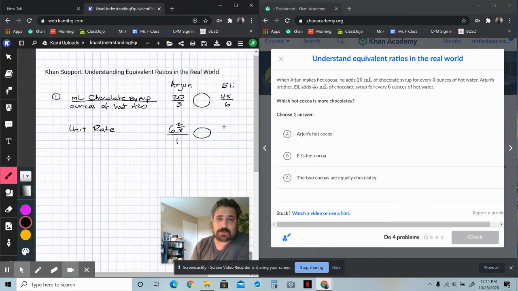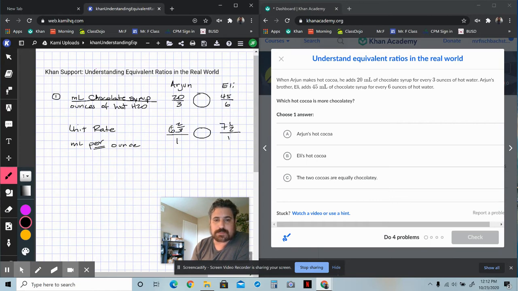6 times 7 is 42. And then there's 3 left over, so 3 out of 6 is 1/2. So it's like 7.5 for every 1 ounce of water. So now what you've done is created what are called unit rates, and that would be the mLs per ounce of water, per single ounce.